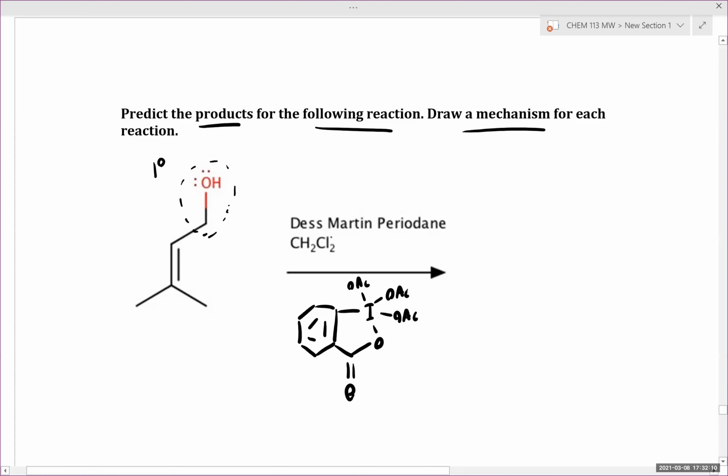What is special about this reagent compared to, for example, chromium trioxide conditions or a PCC oxidation? What's special about these reaction conditions? Would anyone like to provide a comment or input in the chat? We're treating a primary alcohol with Dess-Martin periodinane. And what is the main use of Dess-Martin periodinane?